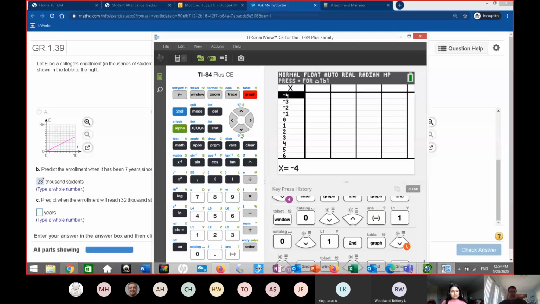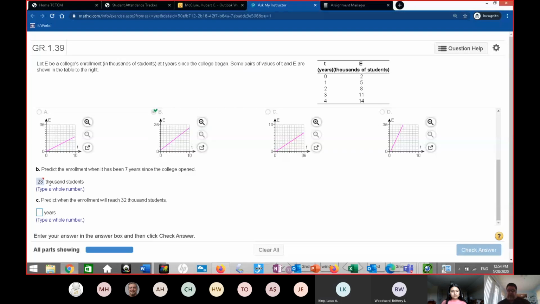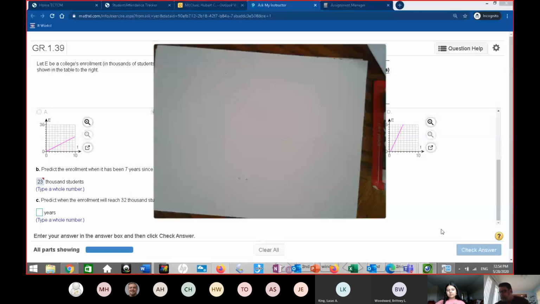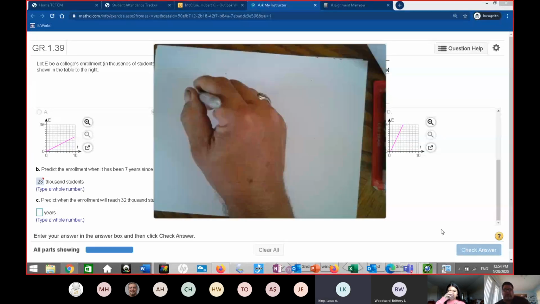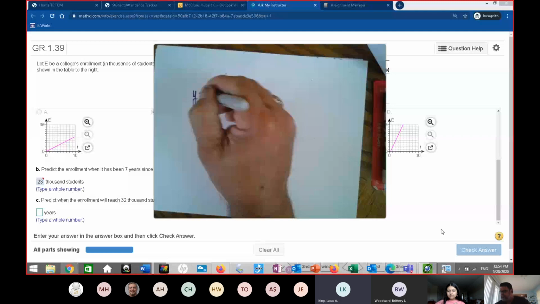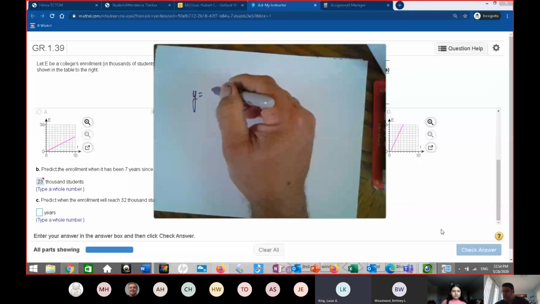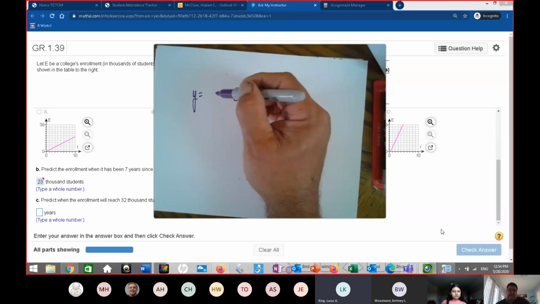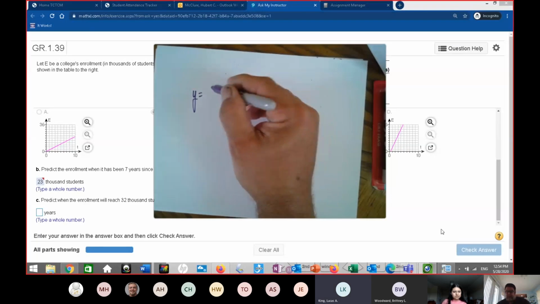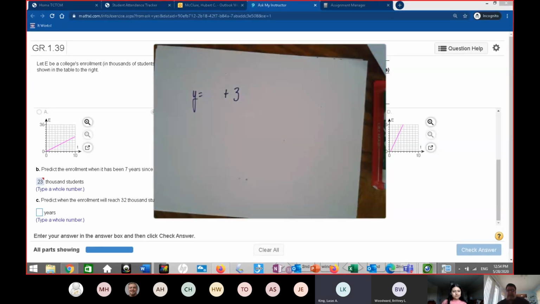It's supposed to do it. But anyway, if you want to type in 7, let me pull up my handy dandy. You know the formula, what was it? Y is equal to what X plus 3? Somebody tell me what it was. That's all right, I'll do it. Appreciate y'all's input.